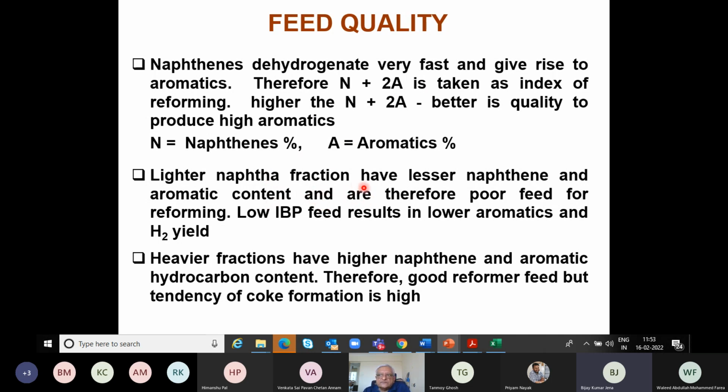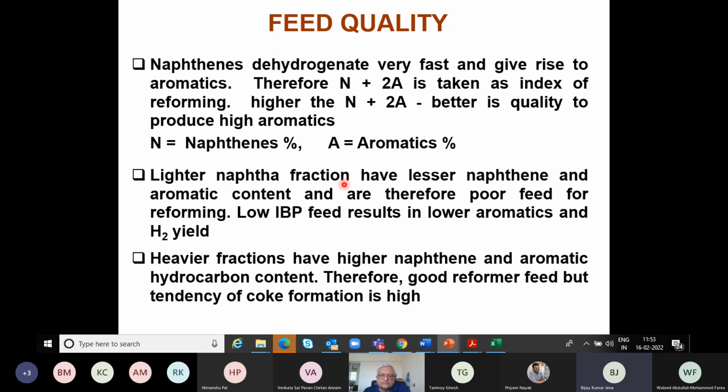Lighter naphtha fraction, something like light naphtha, which is dominantly C5, C6, generally has less naphthene, because naphthene starts with C5 carbon number. But at a lower boiling range, you have less naphthene. So that is not a very good feedstock. And if you have a C5 fraction which contains only paraffins, isoparaffins, and naphthenes, that is definitely not a good feedstock at all, because for reforming to make aromatics, you need at least 6 carbon numbers.